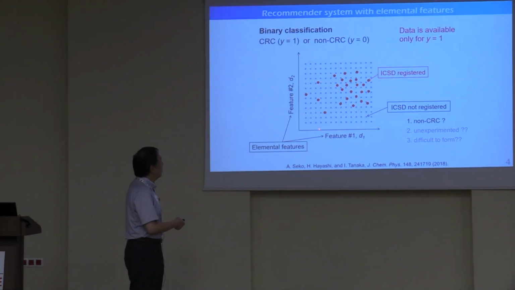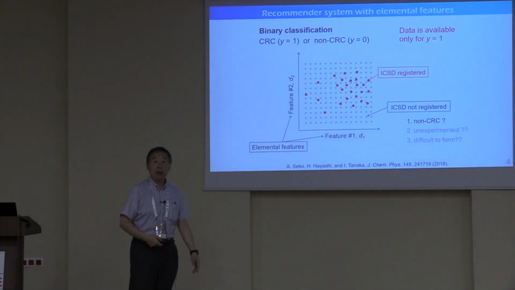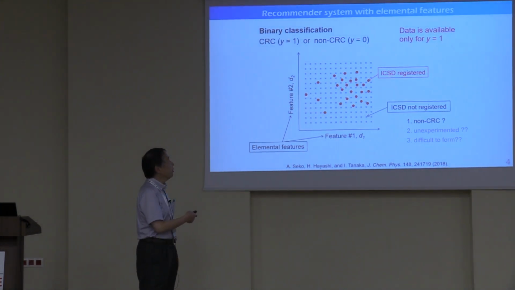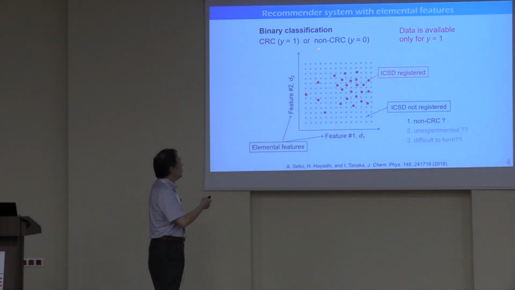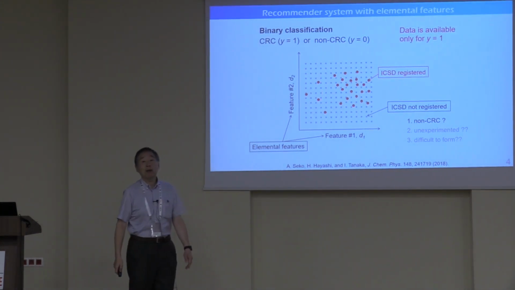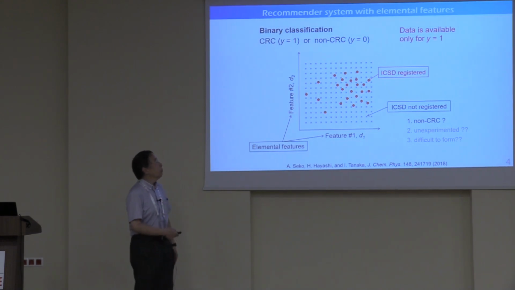So this is a 500-dimensional space, and we put all the data registered in ICSD. Again, we made a grid in this 500-dimensional space to have this initial data.